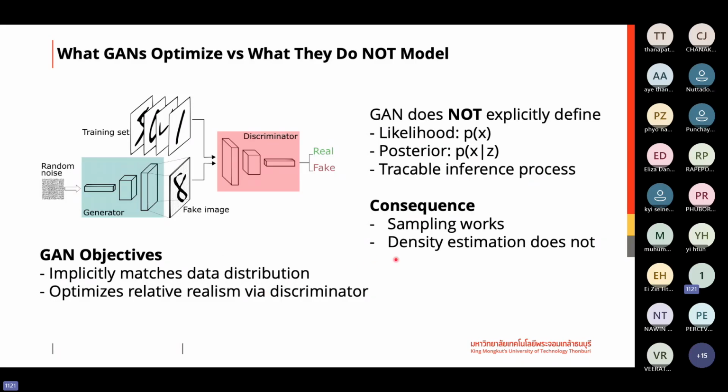Okay, so the consequences of all this are that you cannot do density estimation, right? But you can do sampling. You cannot add the noise together and make it result in a certain semantic, right? But you can definitely sample the noise and then generate the output.